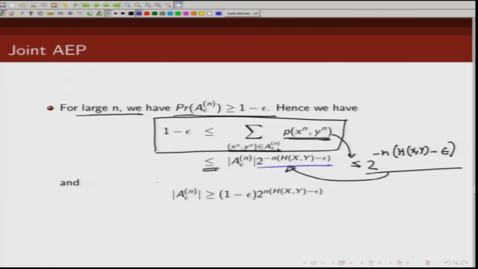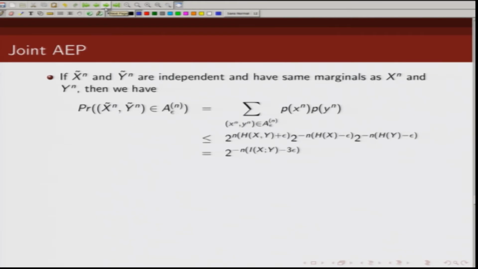And from here we can get a lower bound on the number of elements in this jointly typical set, which is greater than or equal to 1 minus epsilon times 2 raised to the power n times the joint entropy of X and Y minus epsilon. And when epsilon is very small, you can see there are roughly 2 raised to the power n H(X,Y) elements in this jointly typical set.